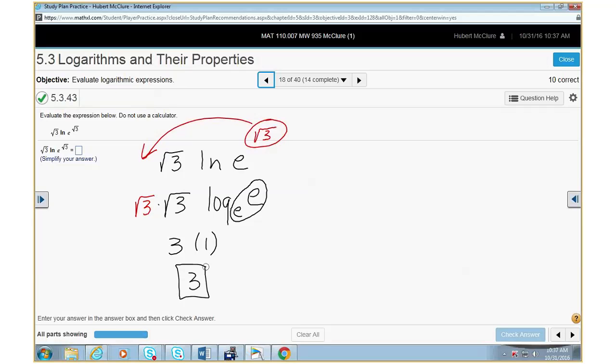It says log base a of a. What's log base a of a? Well, what is e raised to? The first power, so it'll be 1.